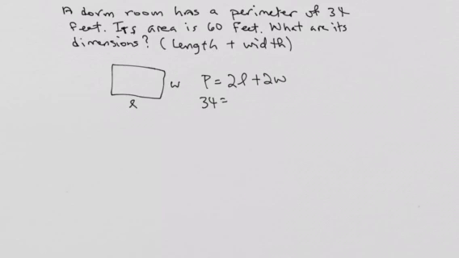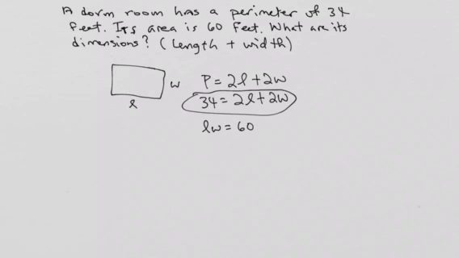So let's put 34 for P. So we know that. What else do we know? We know that length times width, which is area, equals 60.